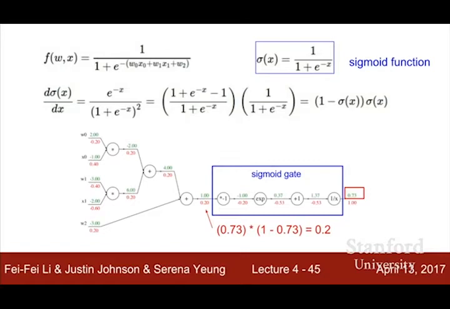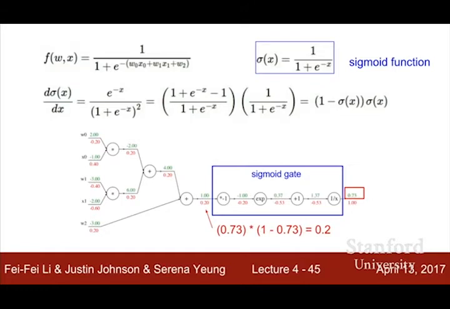This will work out if you plug it into the sigmoid function. Now if we want to take the gradient and treat this entire sigmoid as one node, we need to use the local gradient that we've derived up here: 1 minus sigmoid of x times the sigmoid of x.